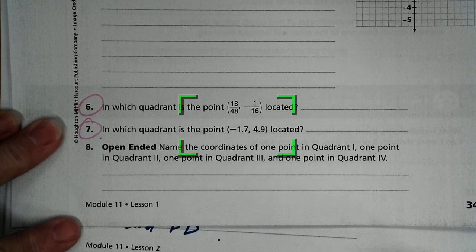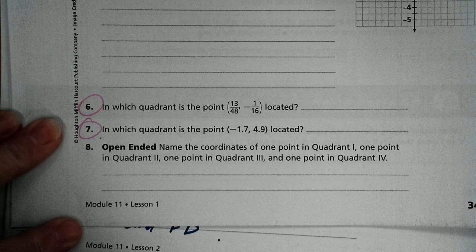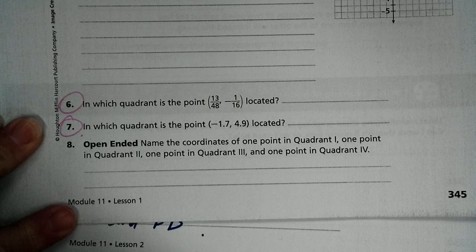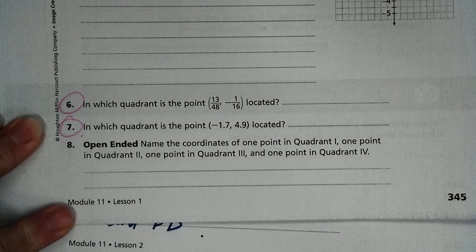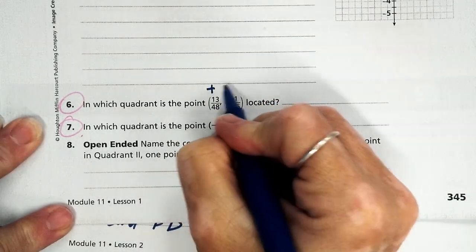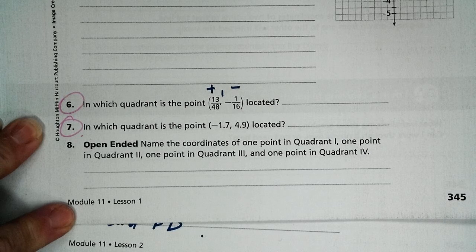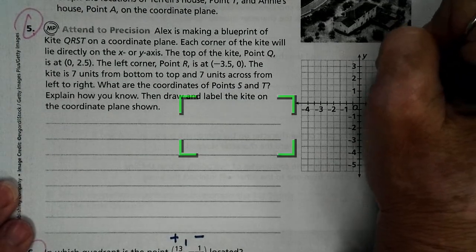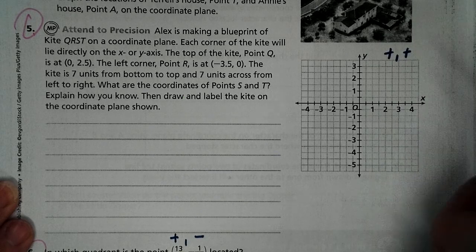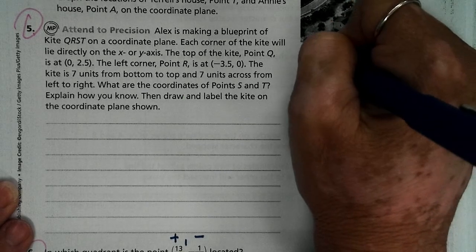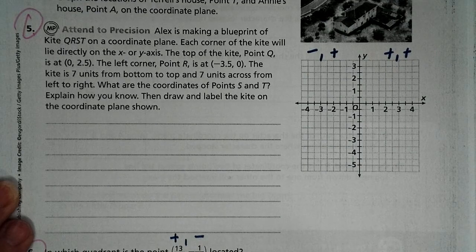All right, so remember I said when we have fractions, you just kind of have to guesstimate where it's at. But I shouldn't even have to look at that graph. I know that this is positive and this is negative. So remember, quadrant 1 is positive, positive. Quadrant 2 is negative, positive.